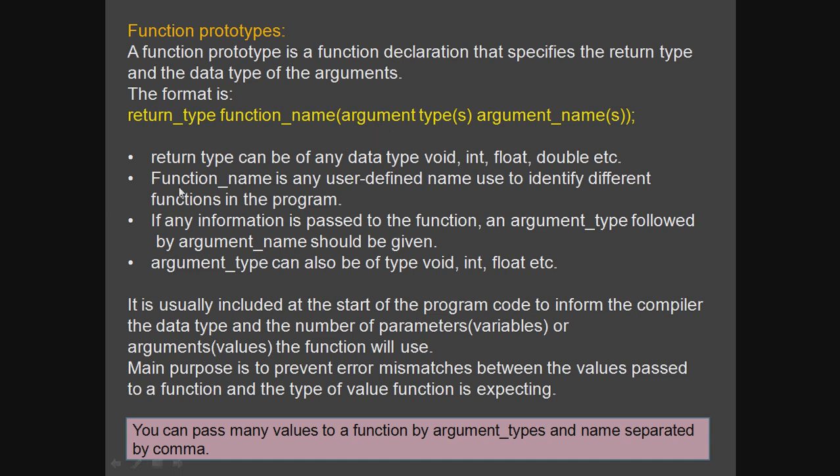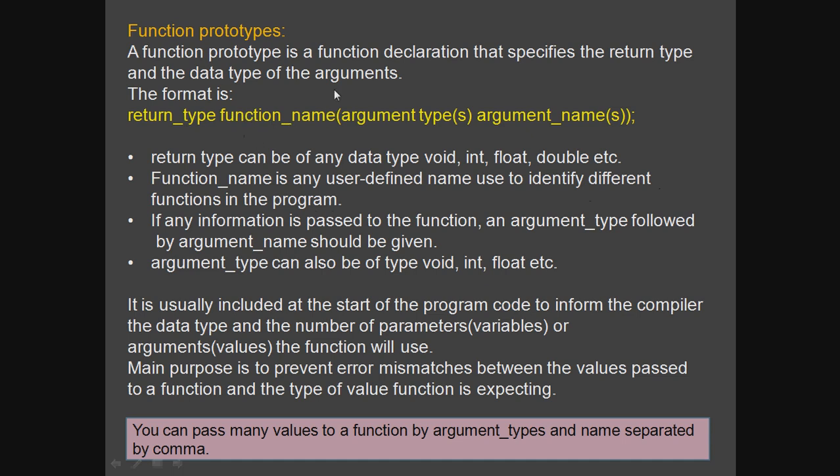So this is how you declare a function. The return type can be any data type: void, integer, float. In the previous example, we saw that the return type was void. The function name is any user defined name, which is used to identify different functions in the program.